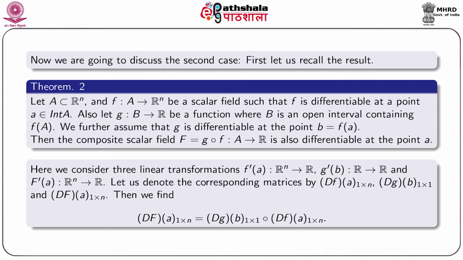Like the previous case, we here denote the corresponding matrices by Df(a), Dg(b) and DF(a). Their sizes are 1 by n, 1 by 1 and 1 by n respectively. Here we can find DF(a) equal to Dg(b) matrix multiplied by Df(a).